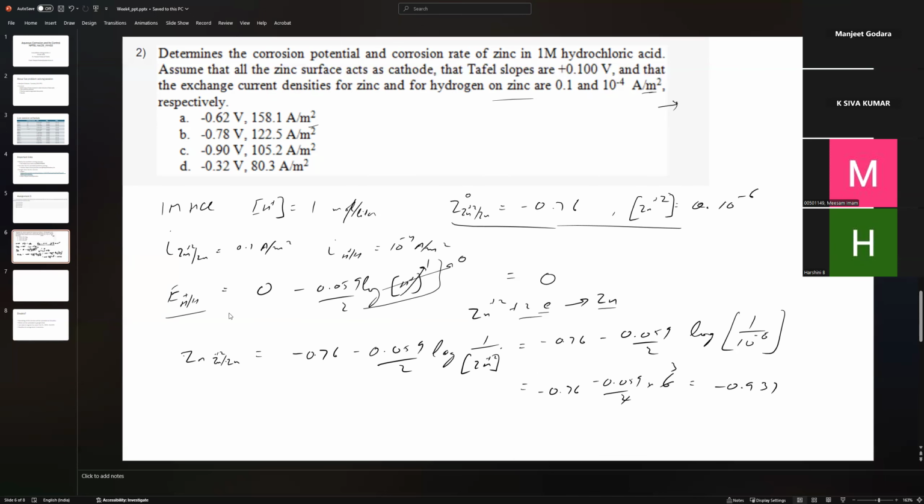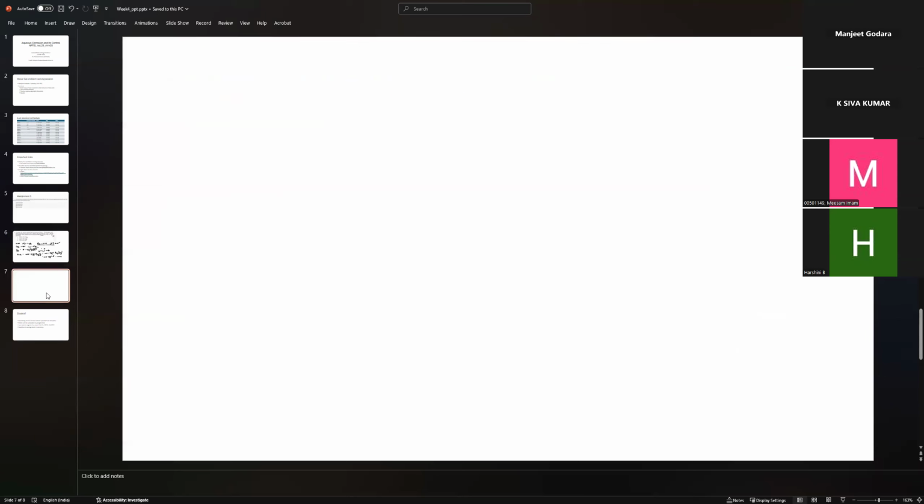Now we know the reaction potential, so we just use the Butler-Volmer equations.